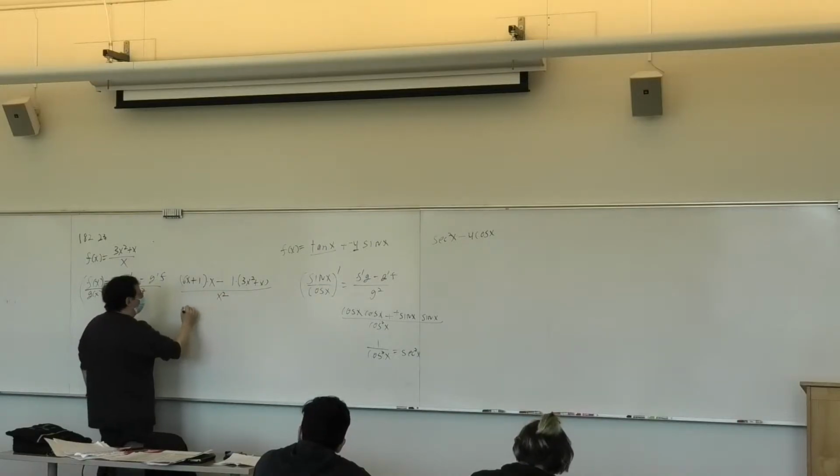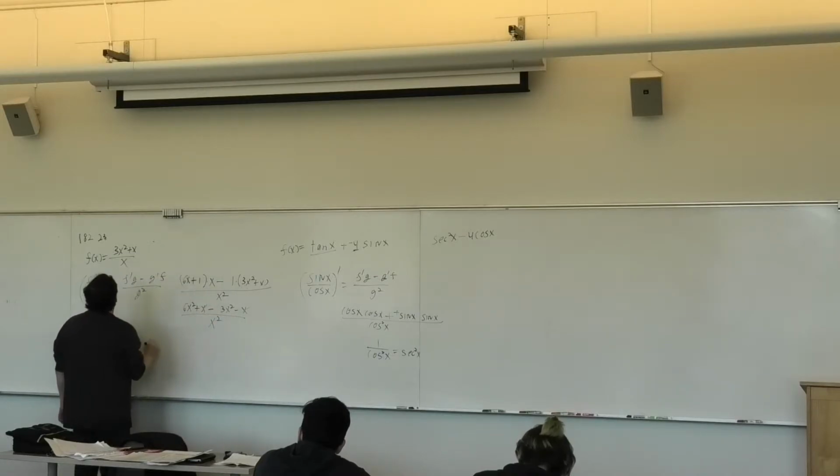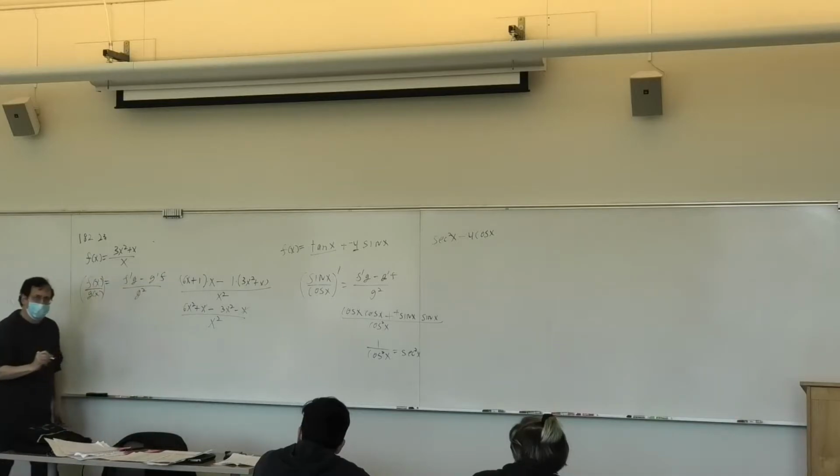So 6x squared plus x minus 3x squared minus x. And the numerator is supposed to be 3x squared plus x cubed, for the initial part of the problem. X cubed.